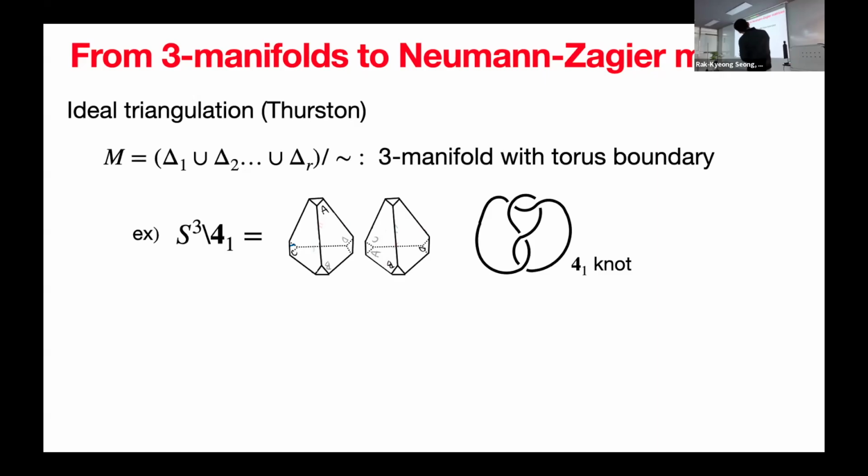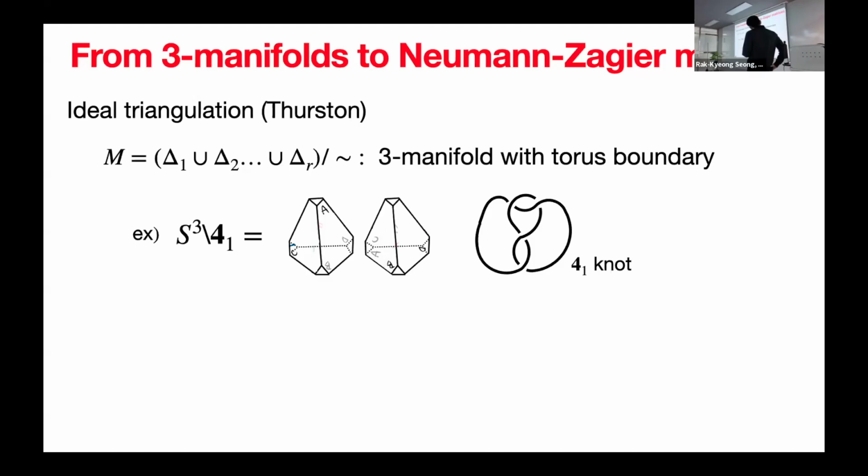Although this is very difficult to imagine, Thurston proved that. I don't know how to prove it, but he showed that this is actually topologically equivalent. And then using the hyperbolic structure of this tetrahedral decomposition, he could construct the hyperbolic structure of this knot complement.